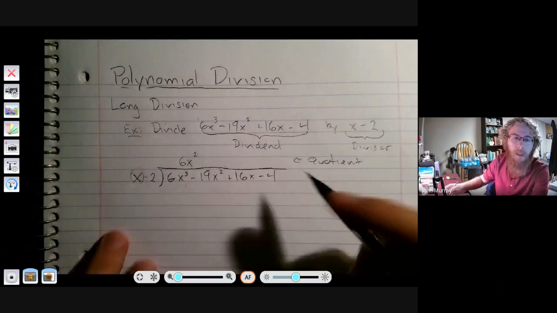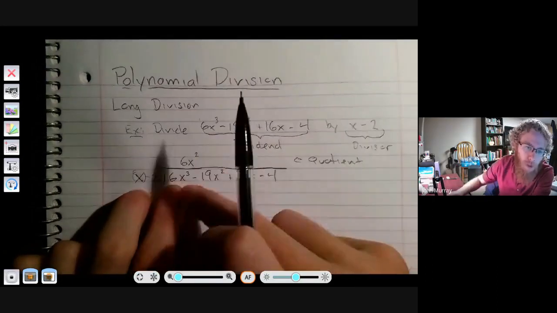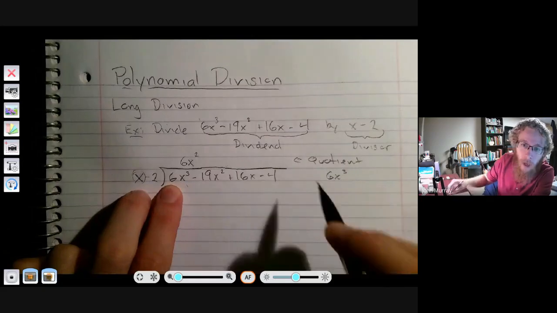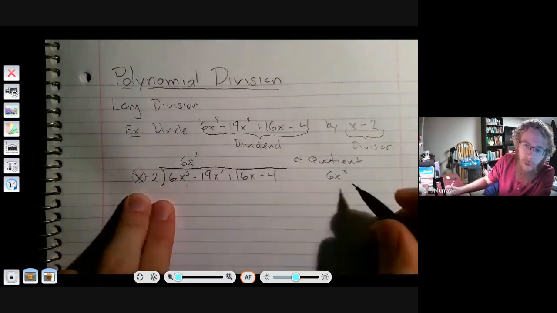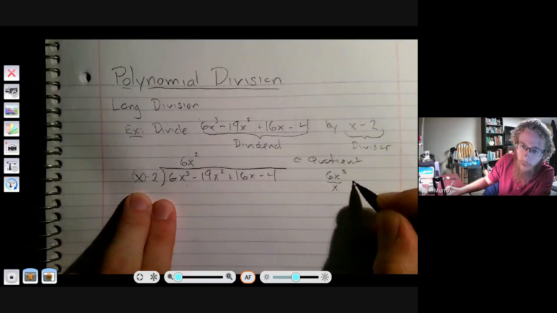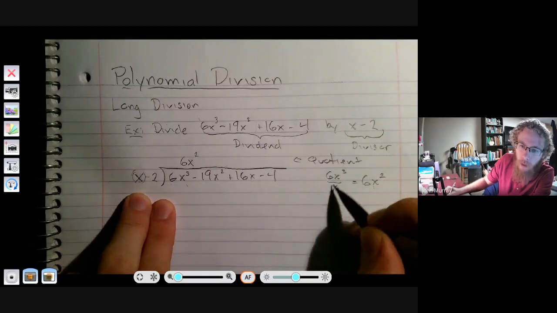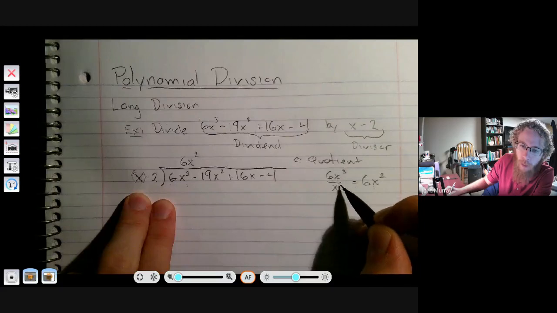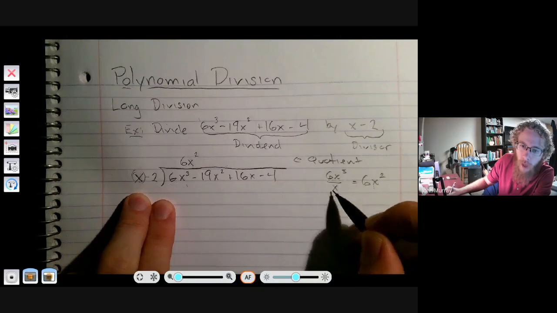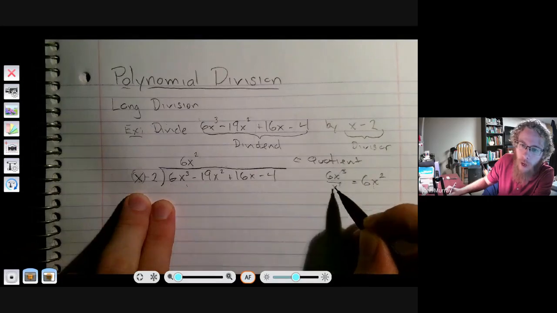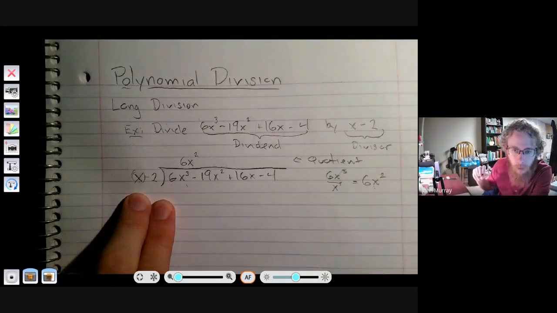Another way to look at it, which is a little more straightforward, is you're just going to take this first term and divide it by that first term. And whatever you get as a result, using our power rules, 6x to the third over x means we subtract exponents, x to the third, 3 minus 1 gets us 2.